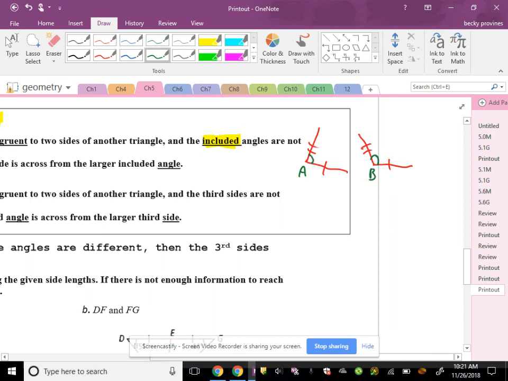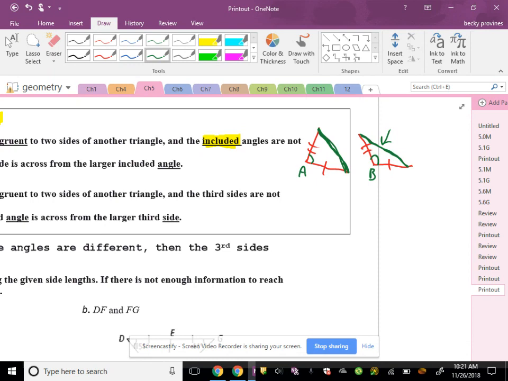And angle A is smaller. So the side opposite, this side right here, is going to be smaller. And this side here, boy, my line's crooked. That side right here on the second triangle is bigger because the angle across from it is bigger.